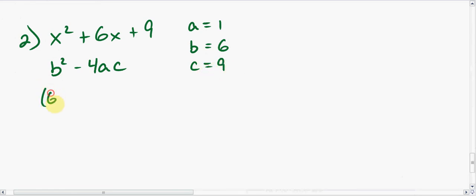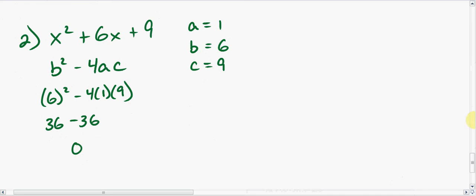So b squared is 6 squared minus 4 times 1 times 9. 6 squared is 36. Negative 4 times 1 is negative 4. Negative 4 times 9 is negative 36. So 36 minus 36 is 0.